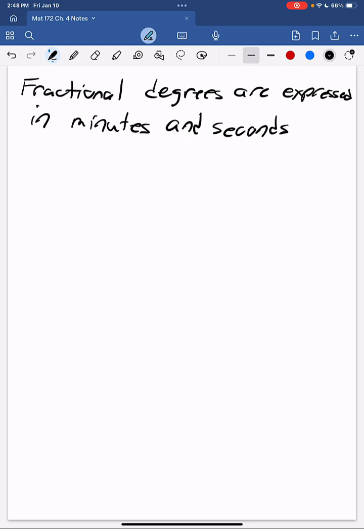If you think about latitude and longitude, they'll say it was at 42 degrees, 11 minutes, and 29 seconds. That is how, when you don't have a whole degree, you can use minutes and seconds to signify that. So 1 with a single prime, that is 1 minute.